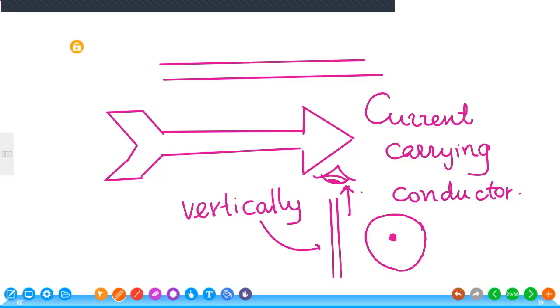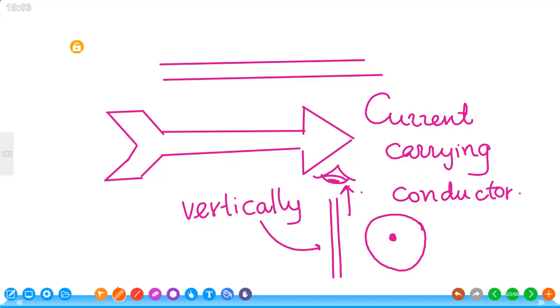The meaning of this one is there's a current carrying conductor. The direction of current flow is upwards here. And in this situation, if you use the right hand grip rule, remember that it should be the right hand. What should we do? The thumb should be pointed in the direction of current. That means the thumb should be pointed upwards when we consider the plane of the paper.